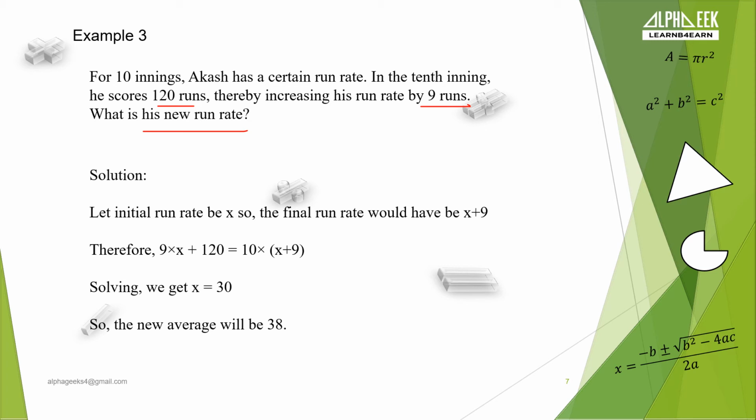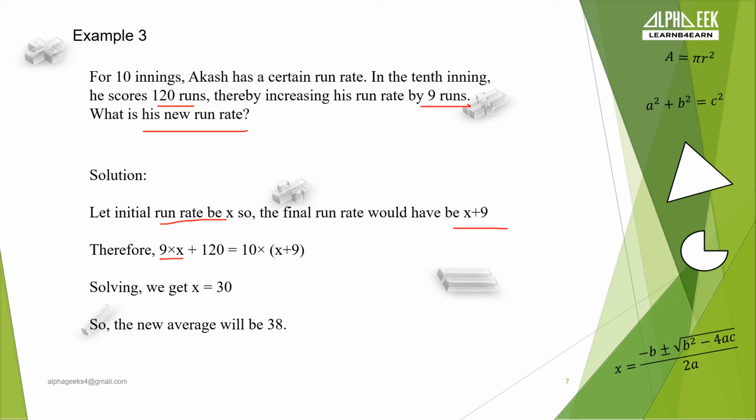but we just know that the run rate is increasing by 9, correct? So let us assume that the previous run rate till the ninth inning was x, and the final run rate will obviously be x plus 9, correct?